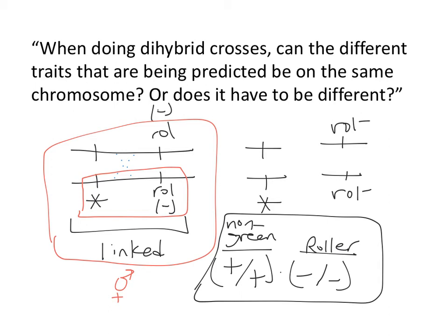Because when they're on separate chromosomes, that's when independent assortment happens, and you get nice ratios like 1 to 1 to 1 to 1 haplotypes out of a dihybrid. Linkage screws all sorts of things up and makes life difficult.